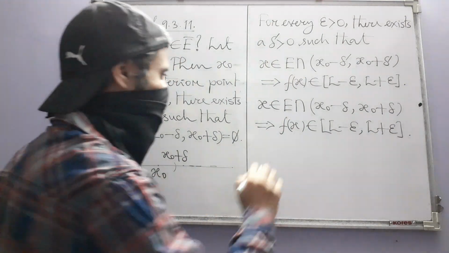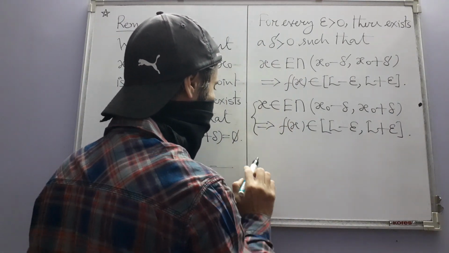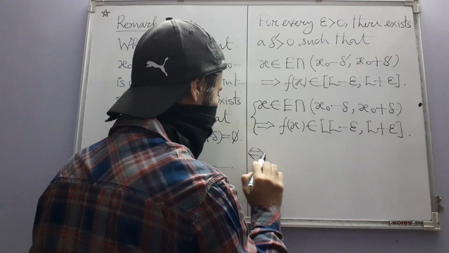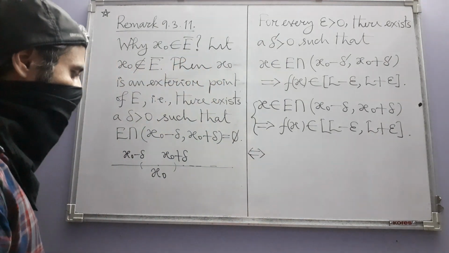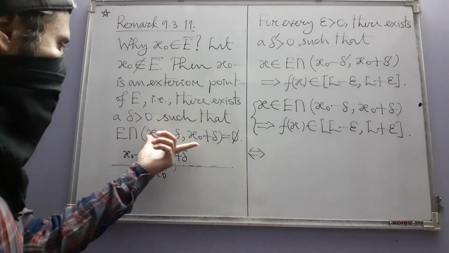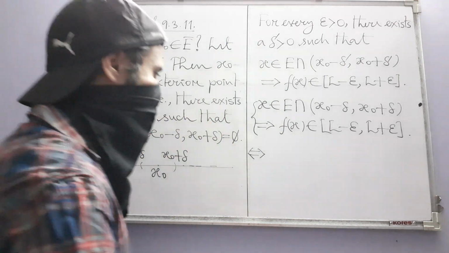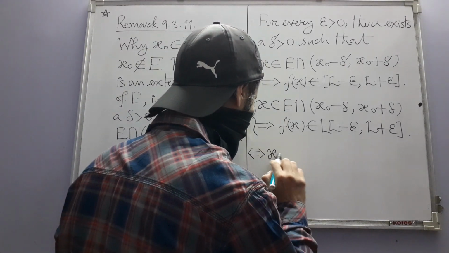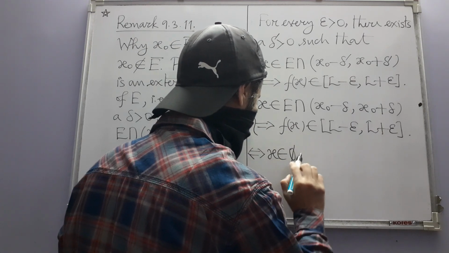And this whole thing is now equivalent to what? You see, we have already said that this intersection is empty. So that means now our implication looks like this.